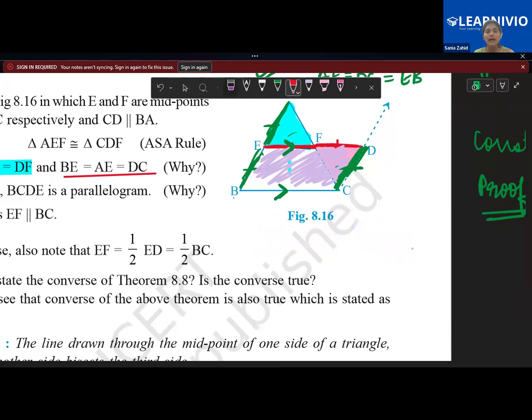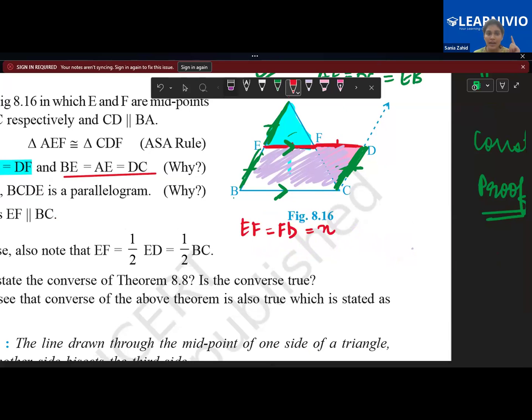I have EF is equal to FD. These sides are equal to one another. Can I assume them to be x each? This is also x, this is also x.